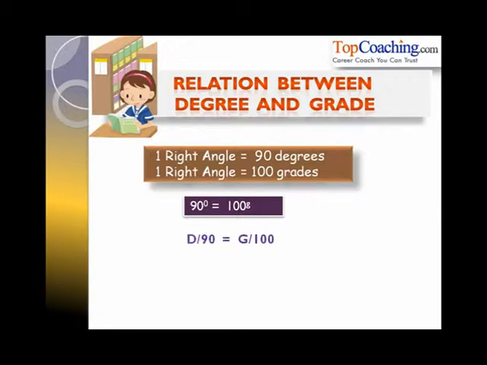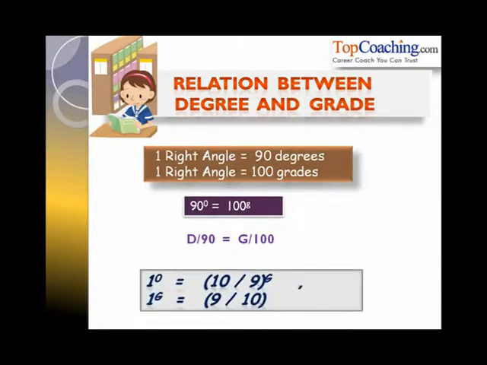So based on that, we can say that d by 90 is equal to g by 100. So this is the equation that helps us to convert an angle which is given in degree form to grade form, or an angle which is given in grade form to degree form. So this is actually the relation between degree and grade. Further, what we can write is 1 degree is equal to 10 by 9 grades, or 1 grade is equal to 9 by 10 degrees.